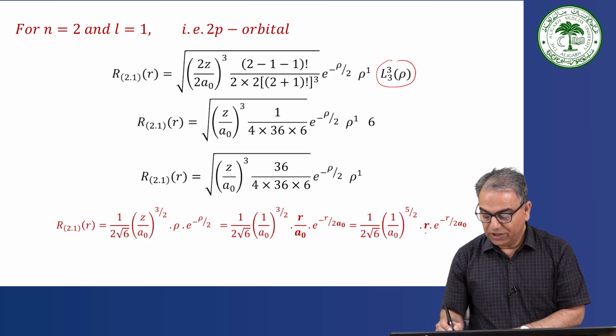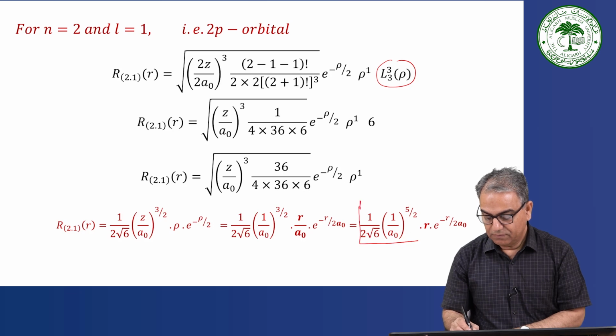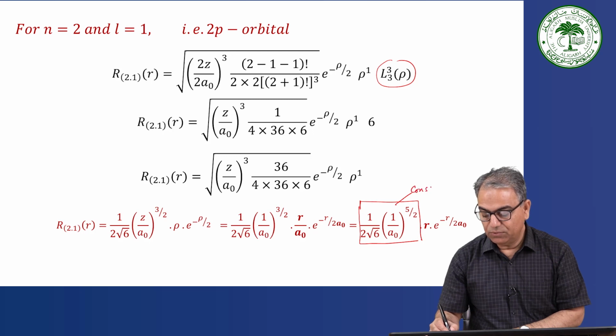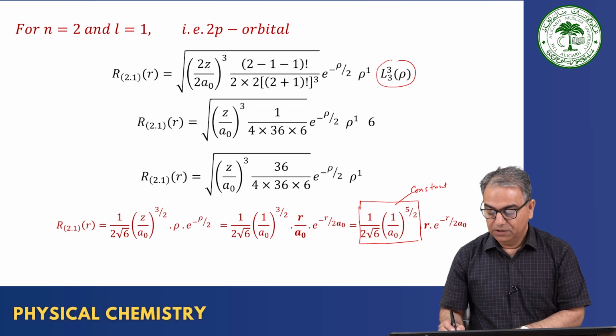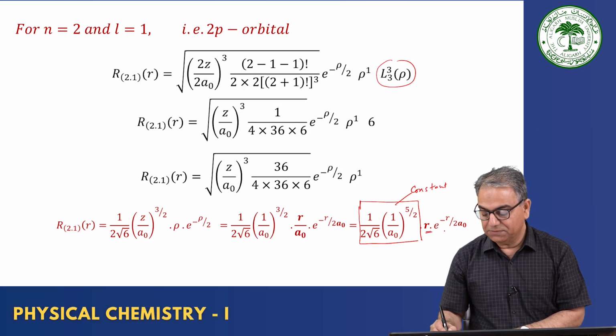Okay, so you have two different factors. Again this part is a constant. Remember, a naught is Bohr's radius, which has a constant value 0.529 angstrom. So this part is a constant. You have two factors, one is the pre-exponential factor and another is the exponential factor.